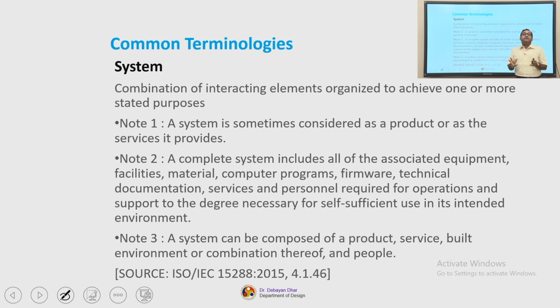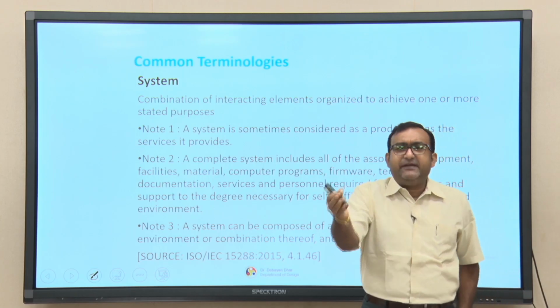All these parameters constitute the structure of a system, and a system can be composed of a product, service, built environment or combination thereof, and people. It is a composition of interacting parts.